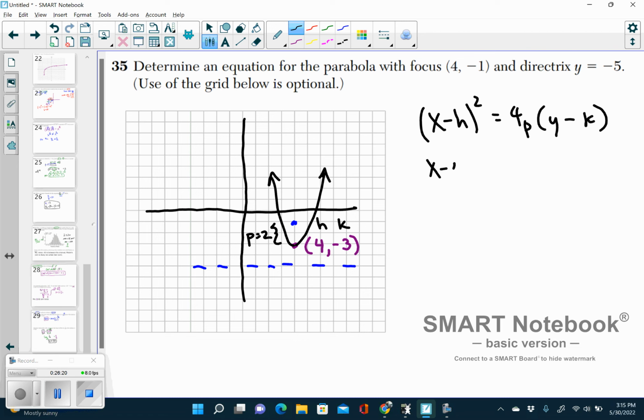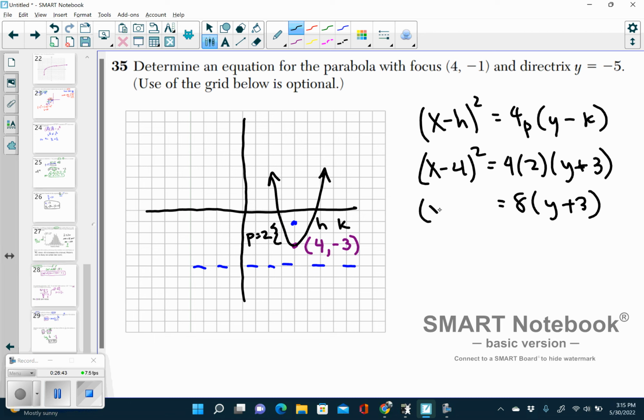I'm going to do (x minus 4) squared is equal to 4 times, since my parabola is positive, 4 times 2. Y, and this is -3, so I'm going to switch that. So that's going to be plus 3. 4 times 2 is 8 times (y plus 3).